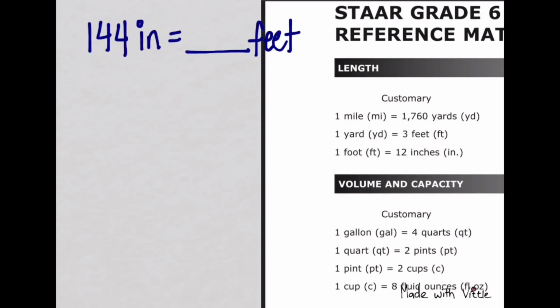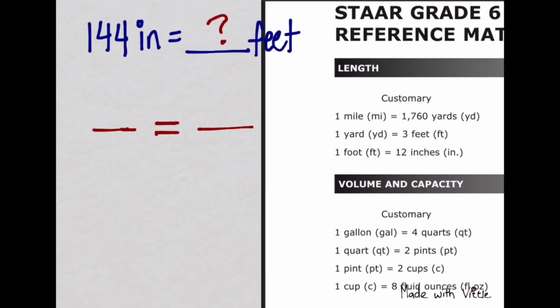So for example, you are given 144 inches and they want you to convert this 144 inches into feet. So it's kind of a large number. So what we're going to do is use a proportion. On your proportion, you will always have two fractions or two ratios to compare. So the equal sign is in the middle because it's saying that these two ratios should be equal to each other.